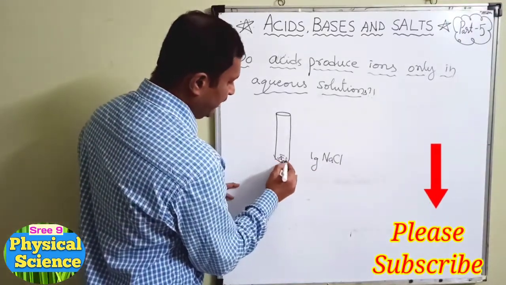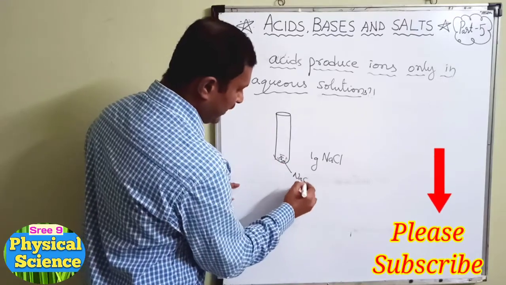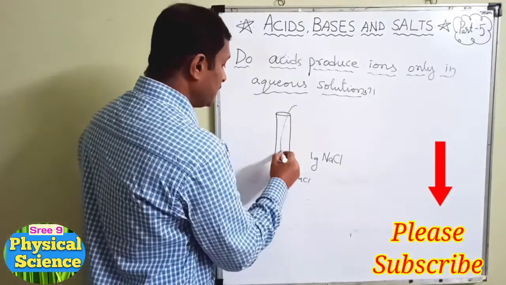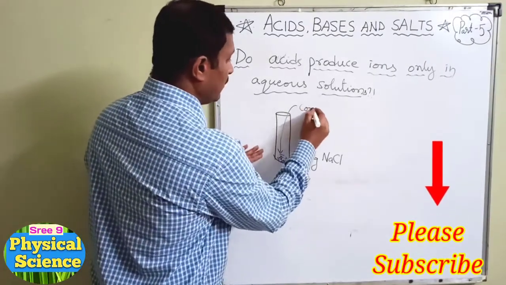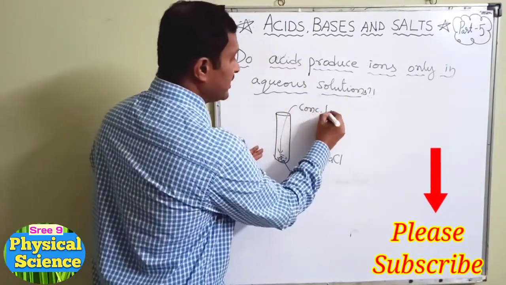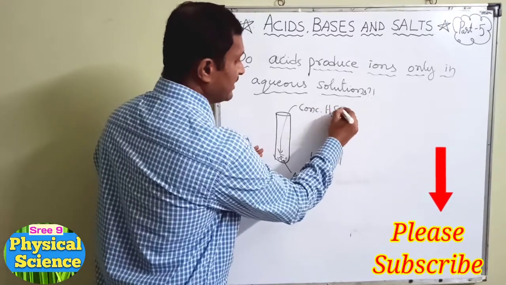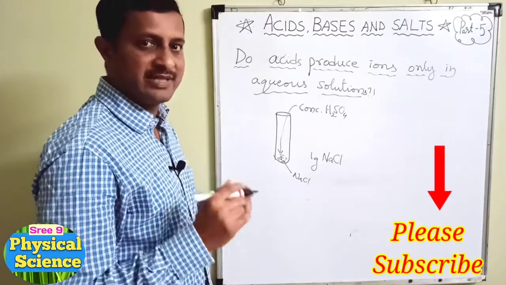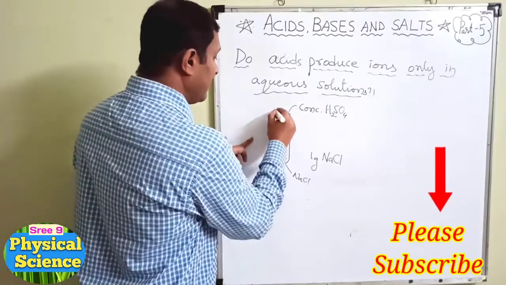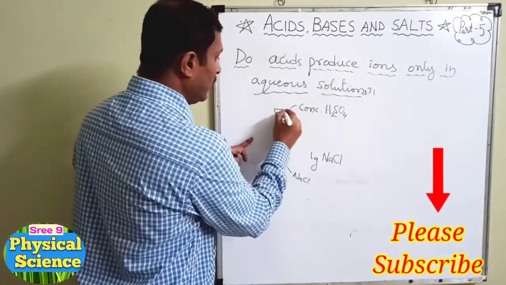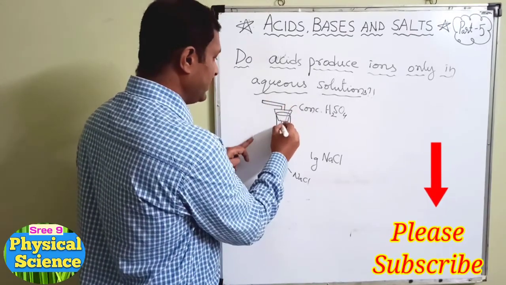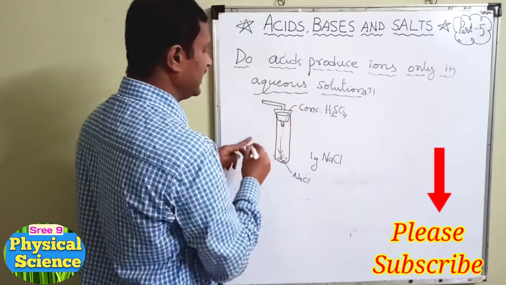Into this, add concentrated sulfuric acid, and fix a single-hole rubber cork with a delivery tube.